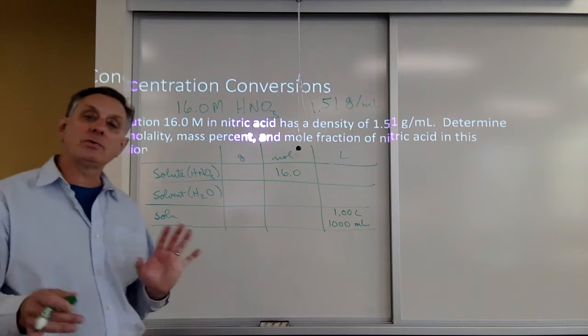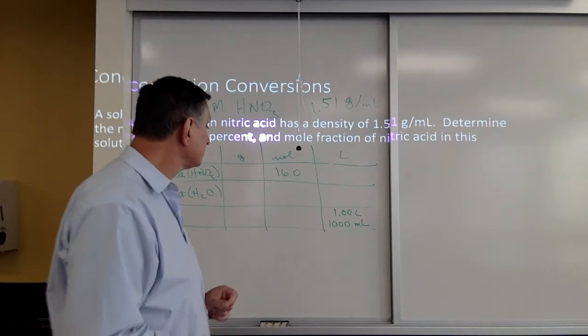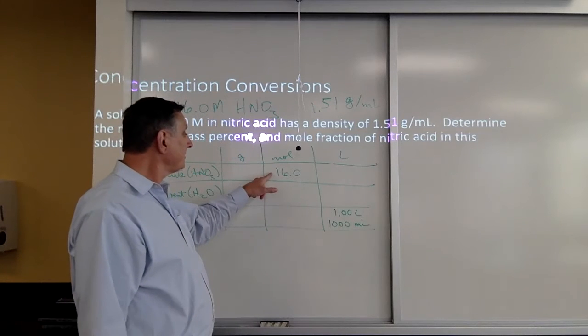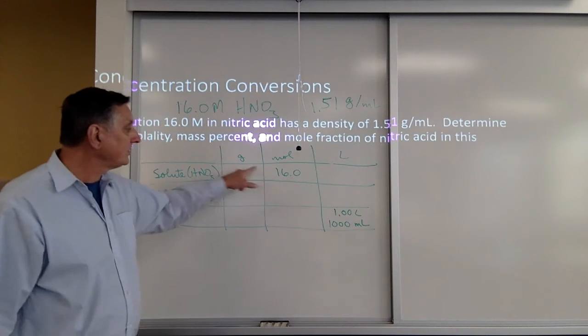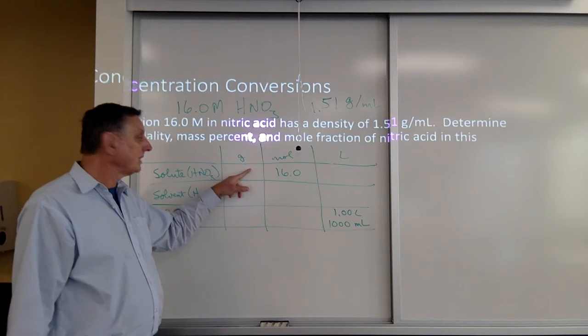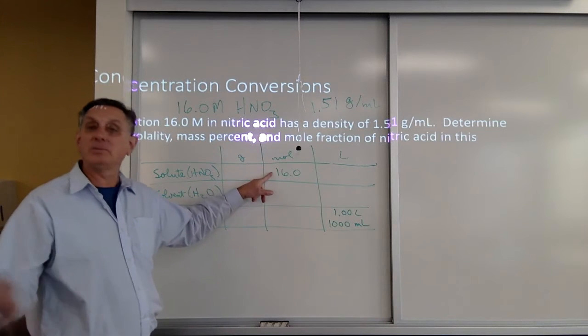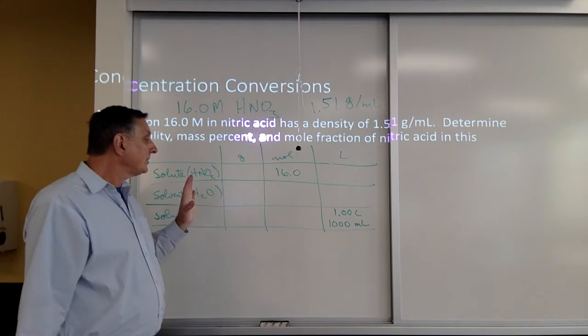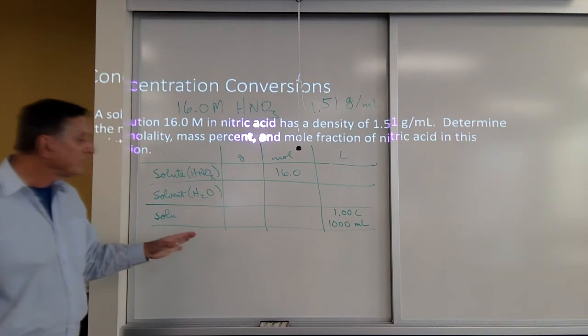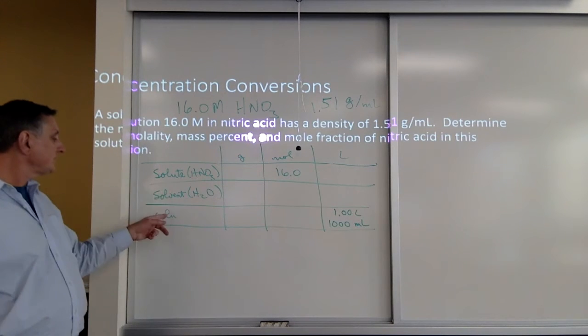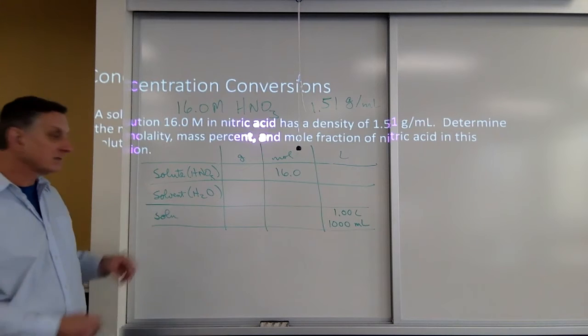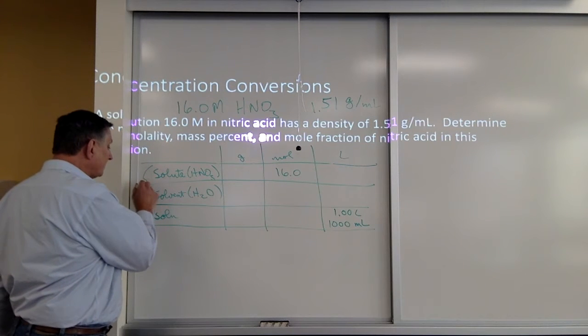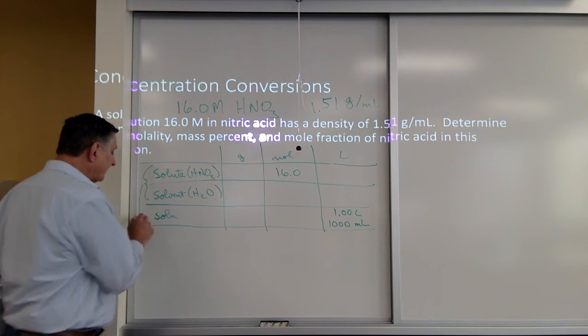So how do I move around on this table? I know moles. If I need grams, I can go from moles to grams. If I know grams, I can go from grams to moles by the molar mass. For the solution, remember that the solution is this plus this. It's these two added together to give this.